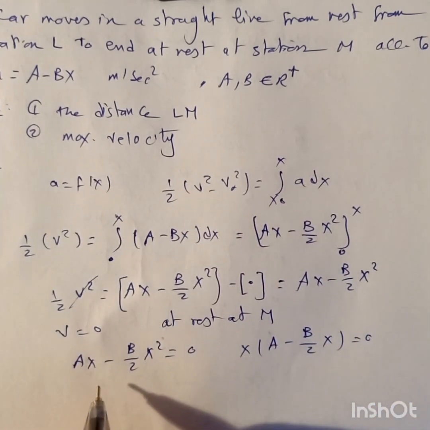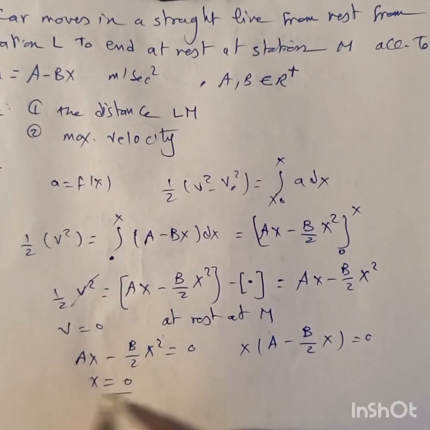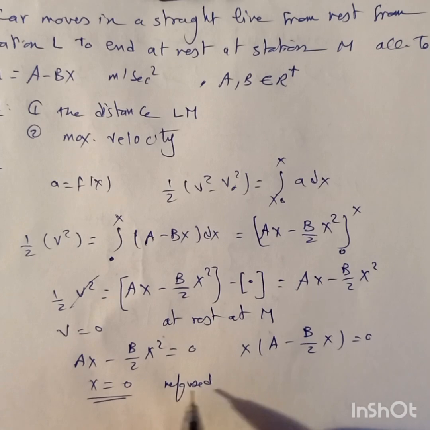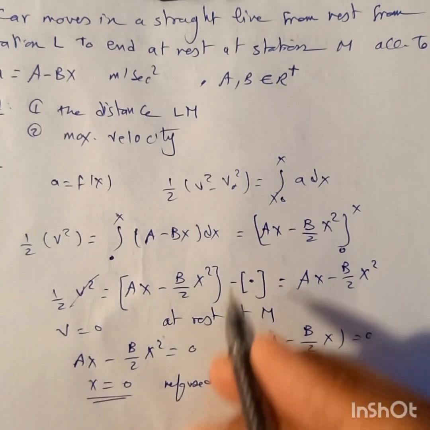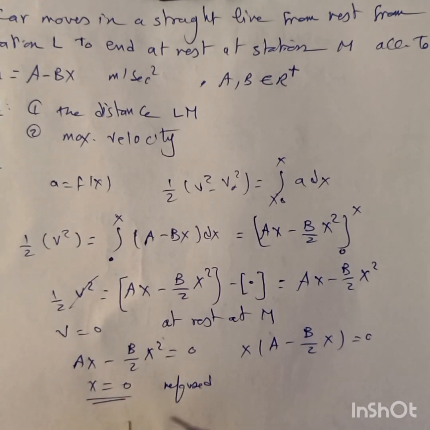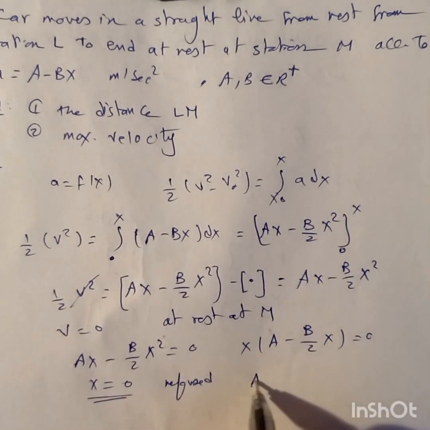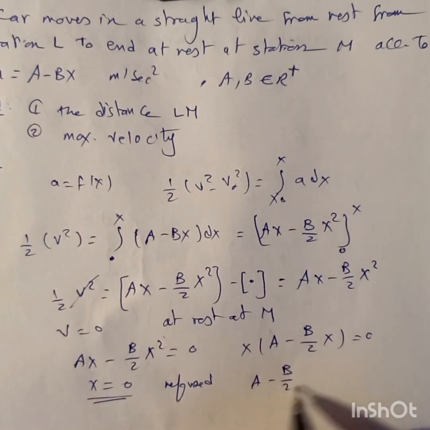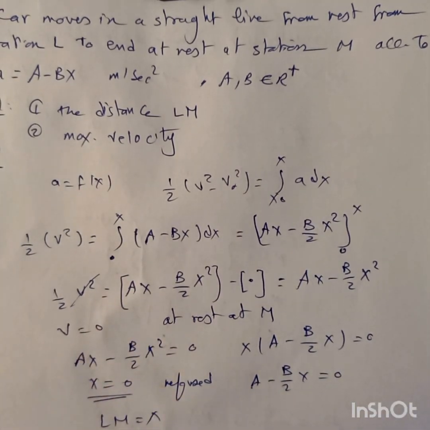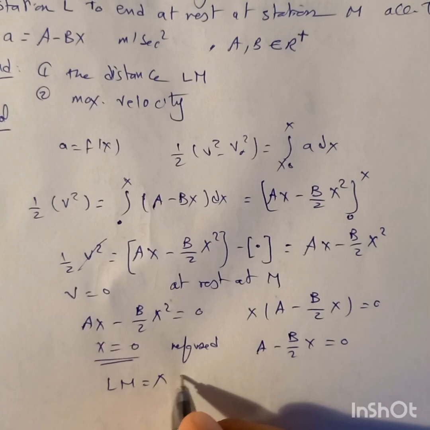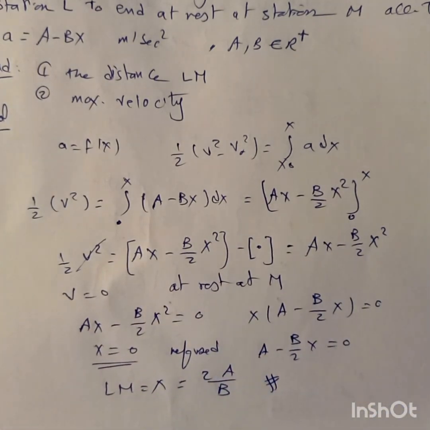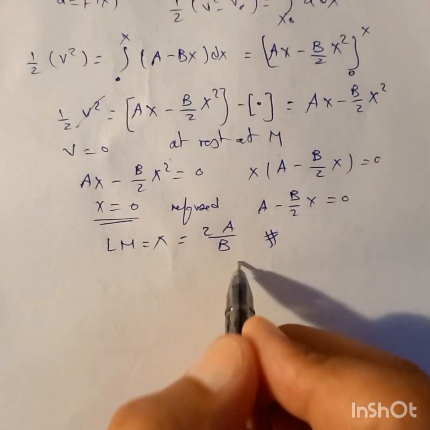Then x equals 0, and this is refused, as the distance between L and M is not equal to 0, and a and b belong to R positive. Then we have a minus b over 2 x equals 0, then distance LM equals x equals 2a over b, and this is required.